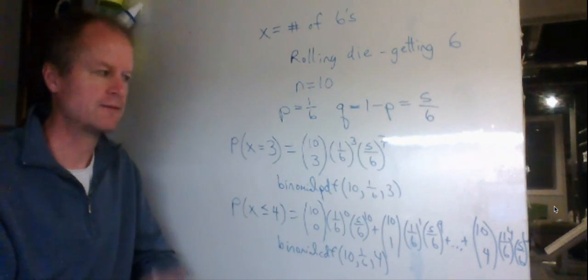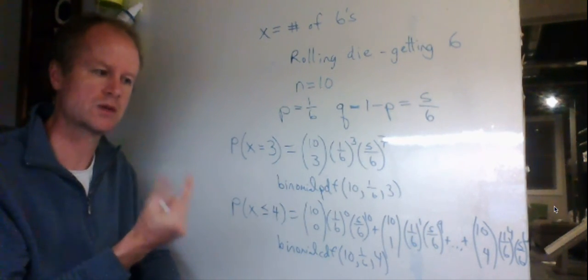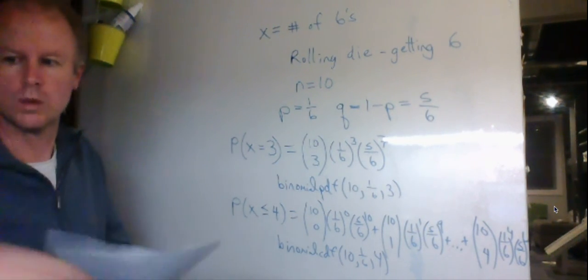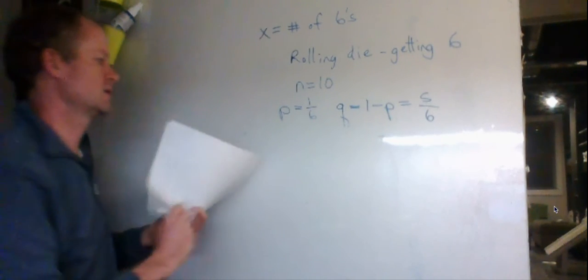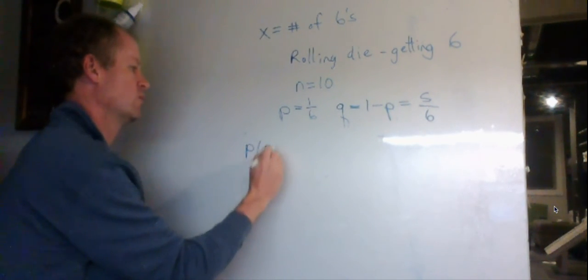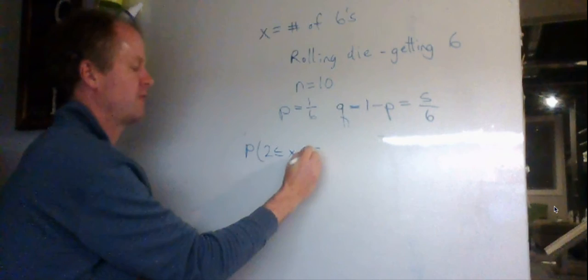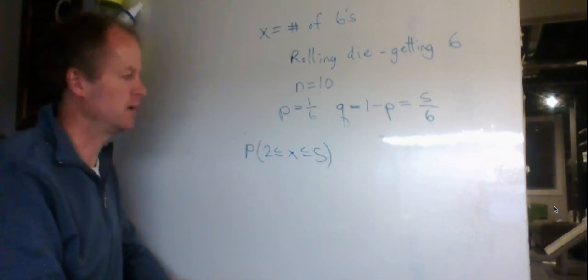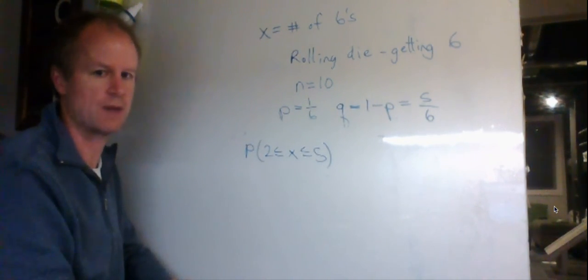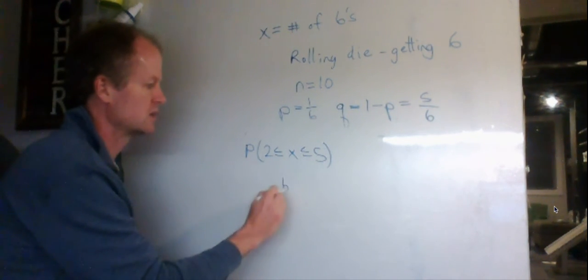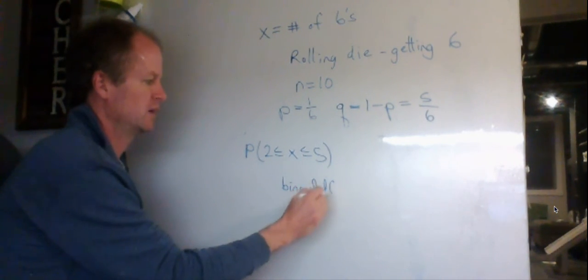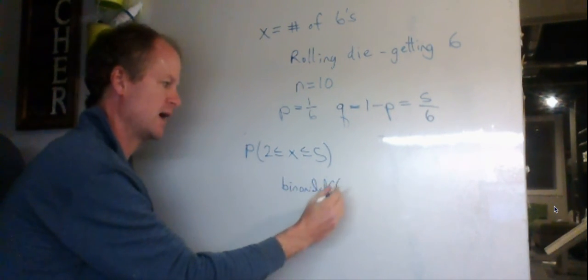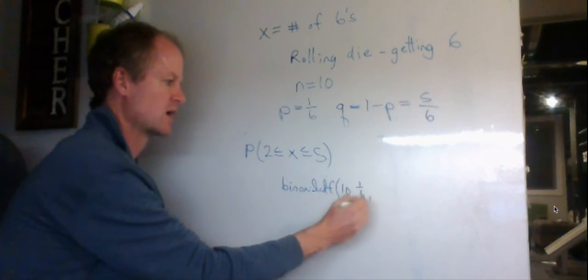The other thing to keep in mind is an in-between. Suppose I wanted to know the probability that we're between 2 and 5? To get that, we could write out the long math notation, but I'm going to jump right to the calculator just to focus on that. I would do binomial CDF, adding up to 5, so 10, comma 1/6, comma 5.